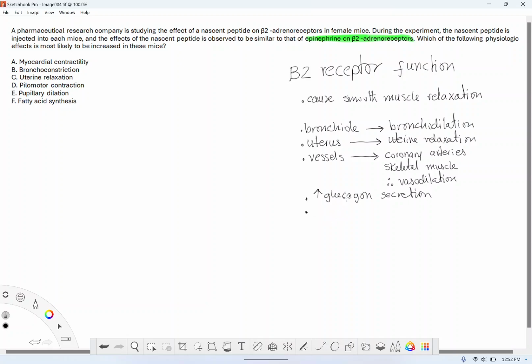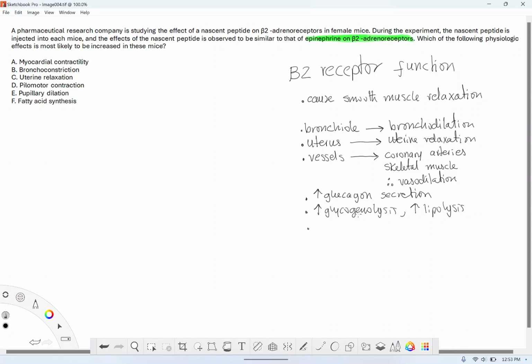If you increase glucagon secretion, guess what? Glucagon will increase glycogenolysis. Glycogenolysis breaks down glycogen into glucose. Glucagon will further cause lipolysis, right? Breakdown of lipids, because a lot of organs, including the heart, use fatty acids as a primary source of ATP.